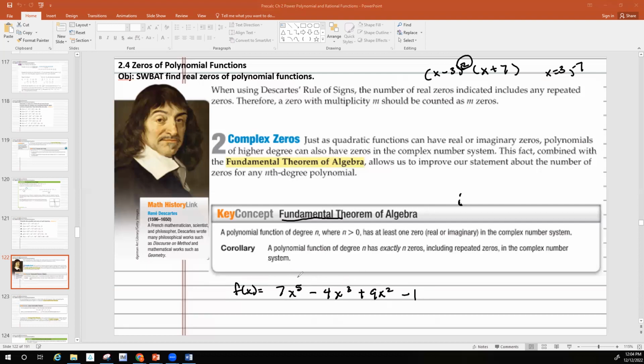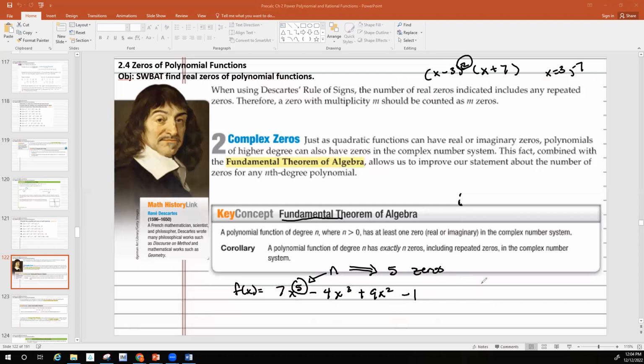So our degree, our biggest exponent, that's our n. And that tells us how many zeros we're going to have, real or imaginary. So that tells us we have 5 zeros.